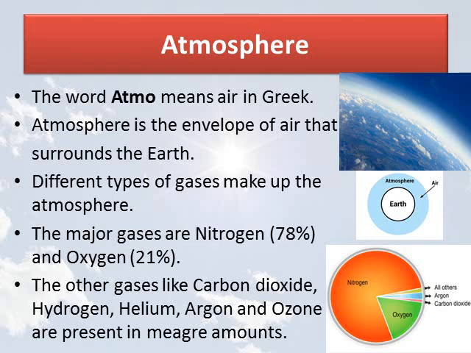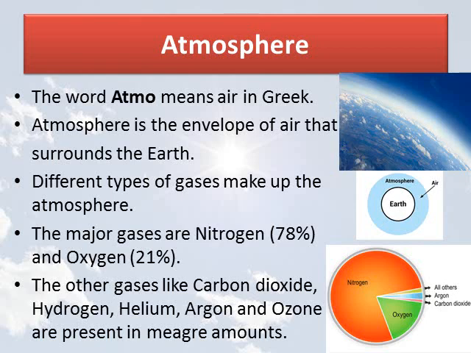Dear children, different types of gases make up the atmosphere. There are different types of gases that are a constituent of the atmosphere. And the major gases are nitrogen, which makes around 78% of the atmosphere, followed by oxygen, which is 21%.